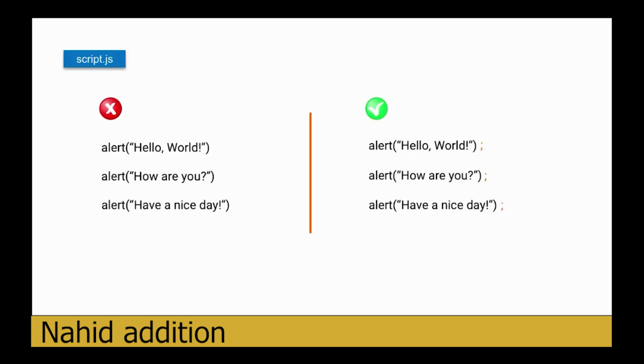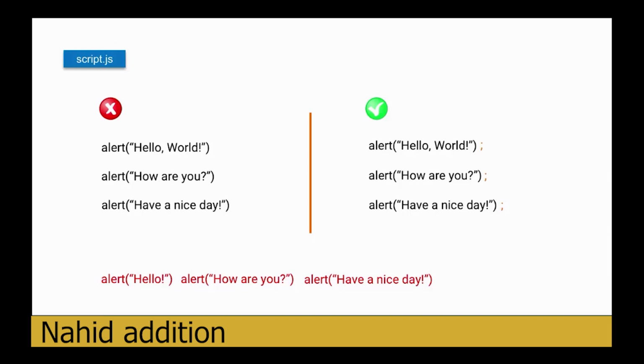Why? Because it might happen that we somehow write all these 3 commands in a row. If we don't have a semicolon at the end of each command, an error message will be displayed. Why is that? Because JavaScript considers that either semicolon is the end of a command or the end of a row.